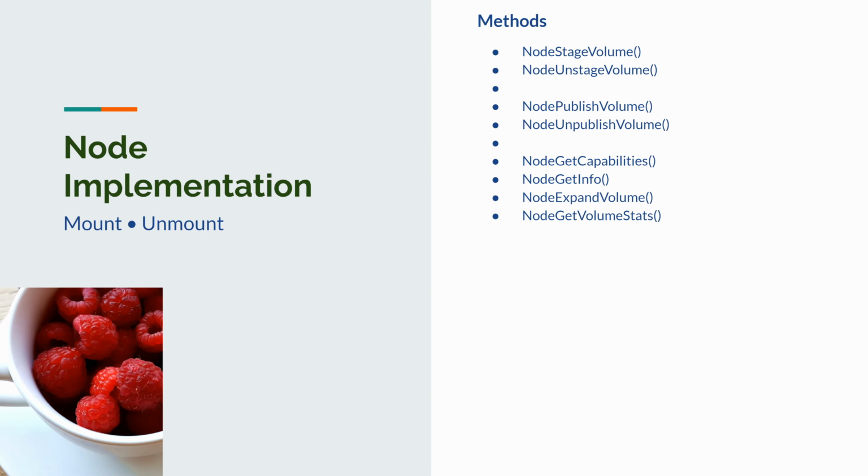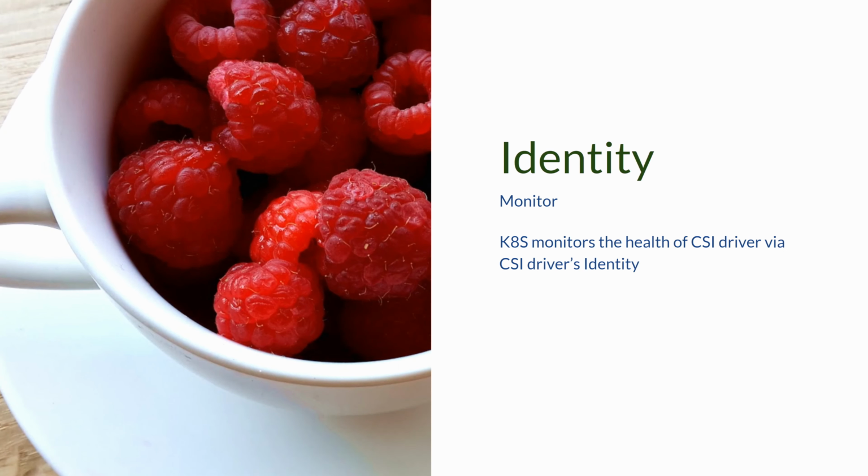And these are the methods that I will show how to implement. Finally, the identity CSI specification also includes an identity module to monitor the health of the CSI driver. If for some reason the CSI driver inside the worker node crashes, then the Kubernetes or OpenShift environment will not even try to create the volume, attach, detach, or delete the volume, all those necessary steps.